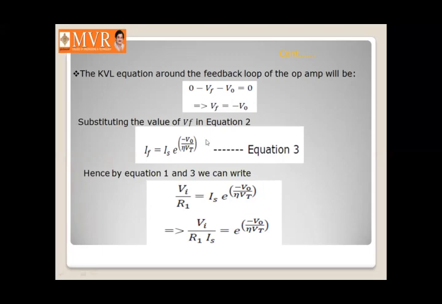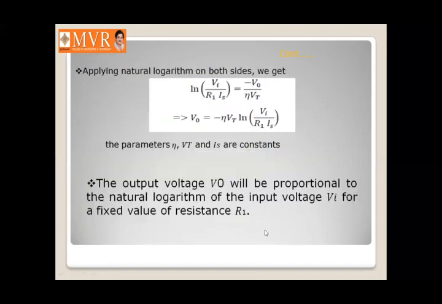As we know from equation 1, If is equal to Vi by R1. So in the place of If, we write Vi by R1, which is equal to Is into e power minus V naught divided by eta Vt. Bringing Is to the left hand side, it will be in the denominator, and this is equal to e power minus V naught divided by eta Vt.